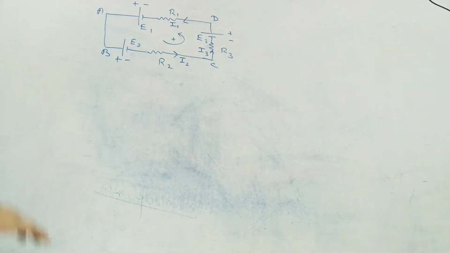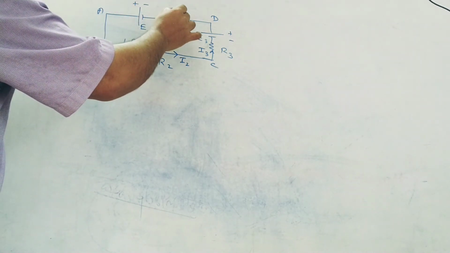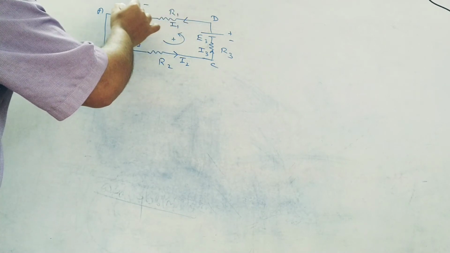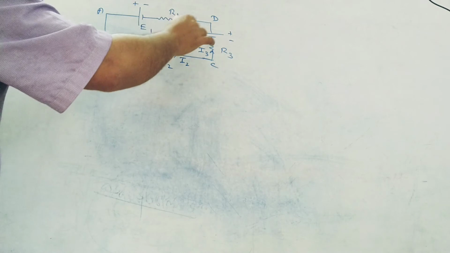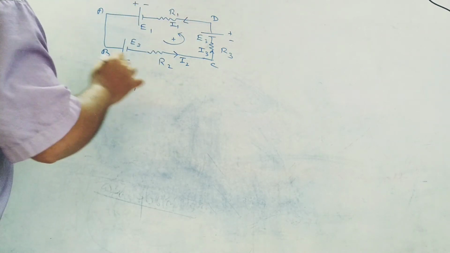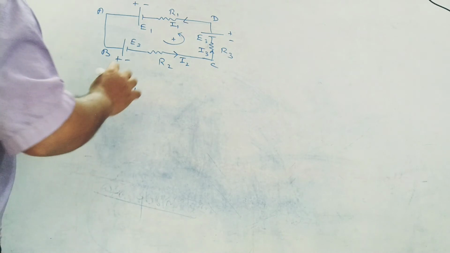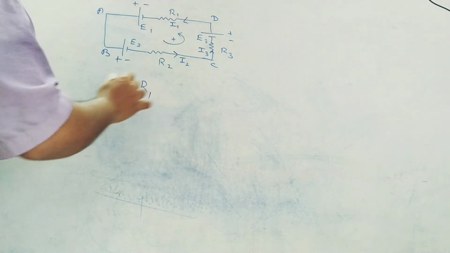Therefore, I1 in this circuit flows in anti-clockwise direction. That's why I1 is positive and it flows through R1. Therefore, I1 R1 is positive.